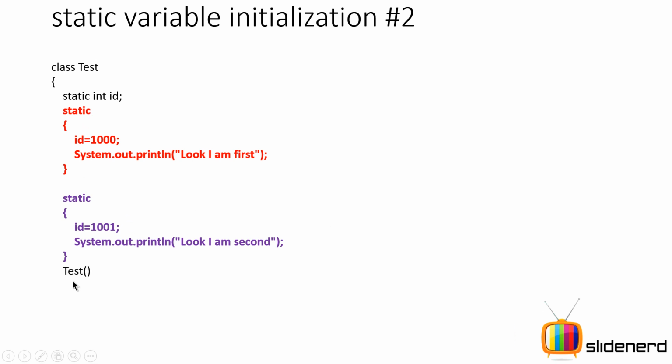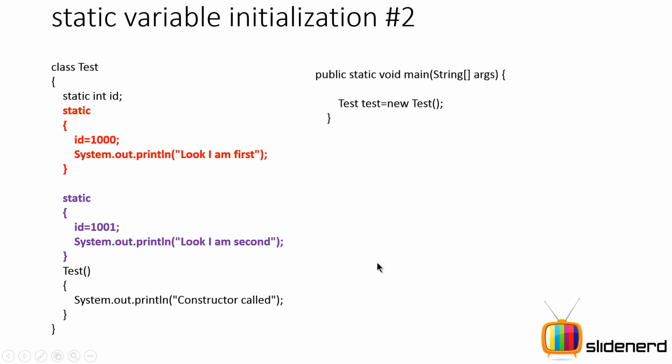So in this case, if you have the constructor at the bottom here and you say system.out.println constructor called, let's take a look at the output and try to figure out what happens. I've simply created an object of test over here. So the first thing that's gonna run as soon as your program starts is this static block here, which is gonna make id 1000, then it's gonna run this statement saying, look, I'm first.